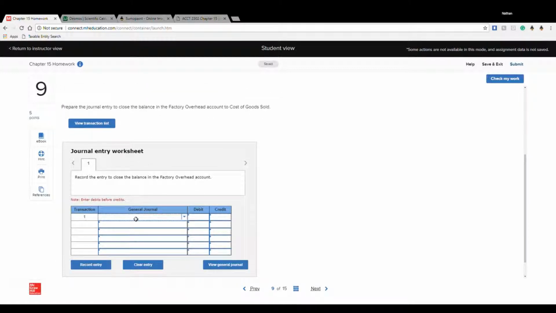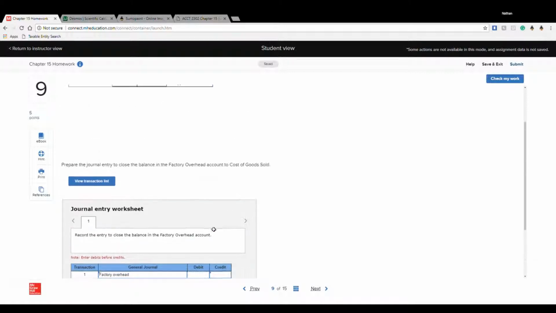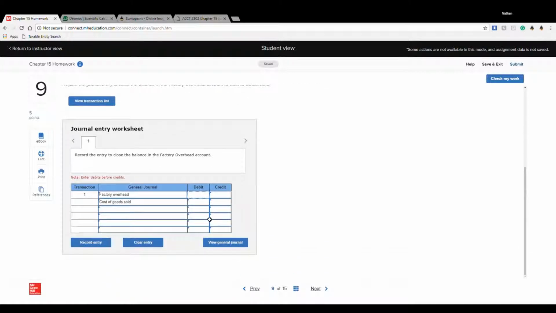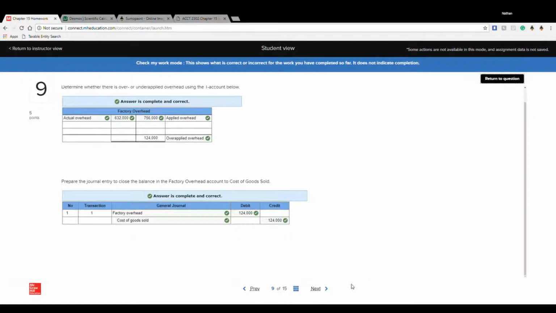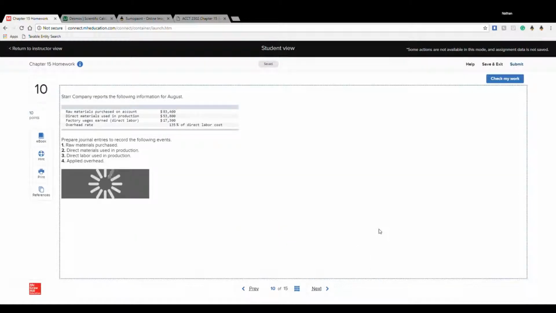So, factory overhead and credit cost of goods sold of the 124,000. So again, I got that number from our T-chart, what the balance was, since we're trying to zero it out. So check. Everything's good. Awesome sauce. We can move to question 10.